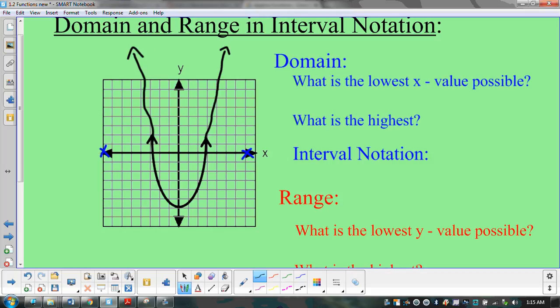So does the graph ever stop going to the left? The answer is no, it does not. It is going forever to the left, so that's negative infinity. It is going forever to the right on the x-axis, so that's a positive infinity. So you will notice with U-shaped parabolas, the interval notation is always going to be negative infinity to positive infinity.